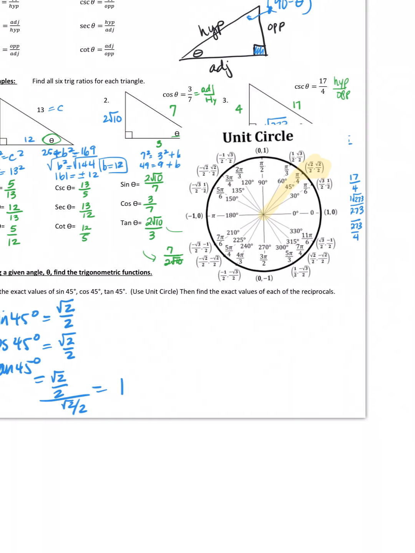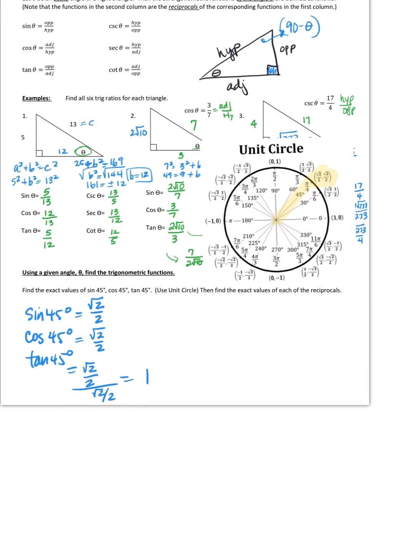Now, find the exact values of each reciprocals, okay? So what's the reciprocal of sine? Well, that's cosecant of 45 degrees. Well, that would require us to have to rationalize, right? So let's rationalize that. See what we get. 2 square roots of 2 over 2. That 2 will cancel out, and it's just the square root of 2 when you rationalize square root of 2 over 2.